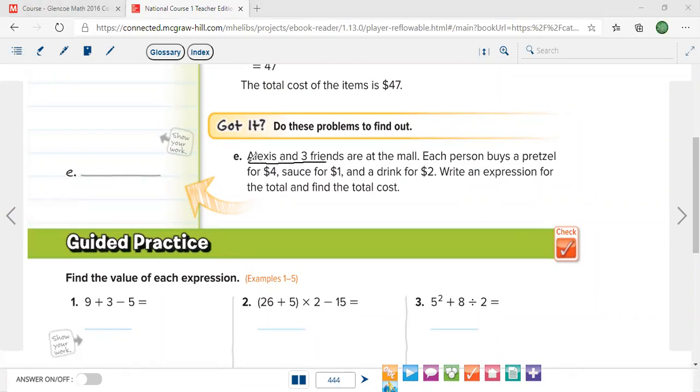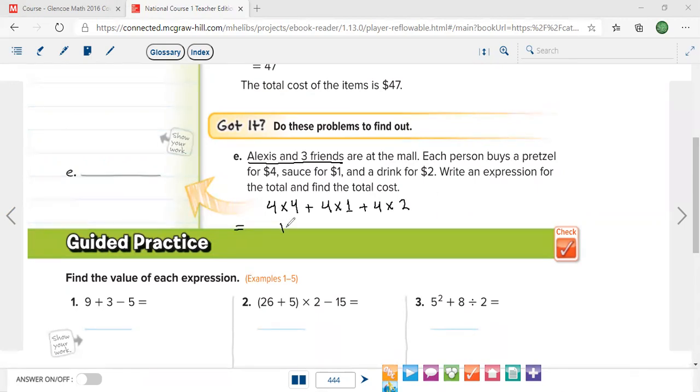Alex and 3 friends means they are 4 friends. So each person buys a pretzel means 4 multiplied by 4 for the pretzel, then 4 multiplied by 1 for the sauce, then 4 multiplied by 2 for the drink.